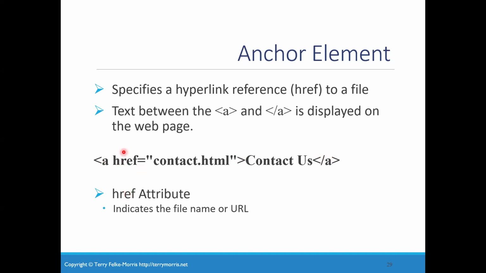Inside it, there's a writing called href equals. Now this href is an attribute. It indicates the file name or the URL where you want the user to visit when they click on this contact us on the browser. That's what we call the anchor element, and it uses the href attribute.